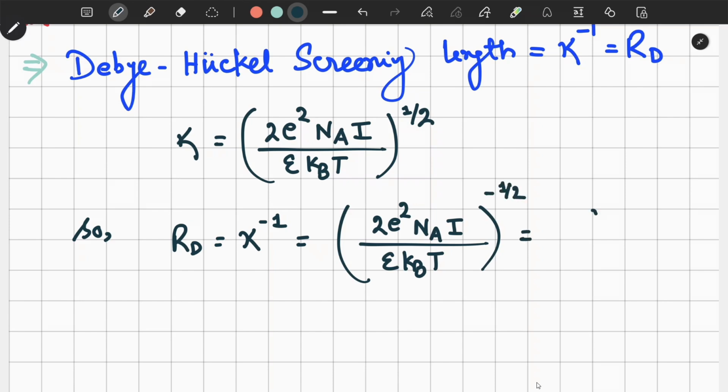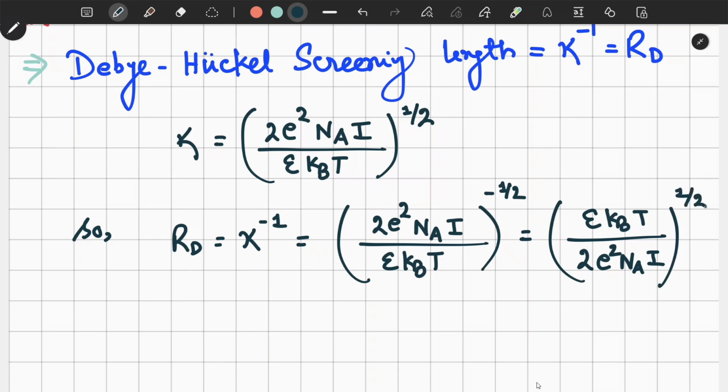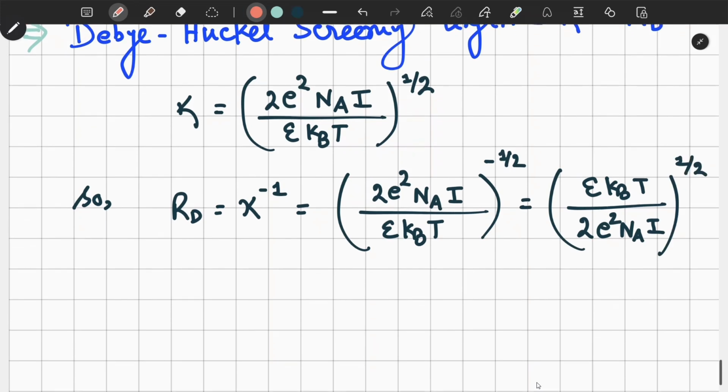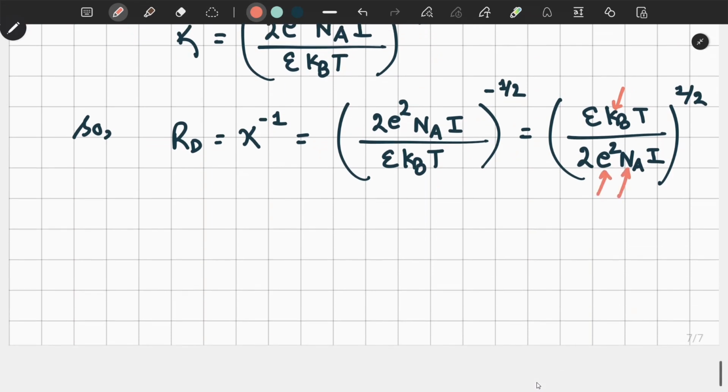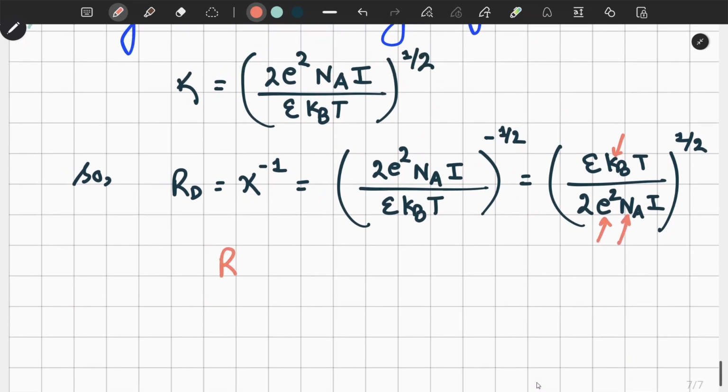Or you can write epsilon kBT divided by 2 square NAI to the power half. So see here, kB, NA, e, these are constants. So RD actually depends on epsilon T by I.